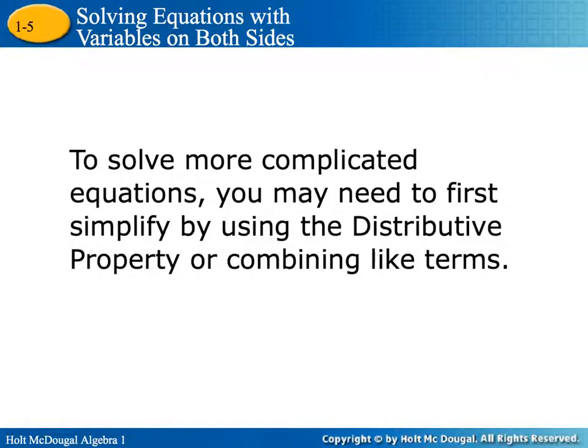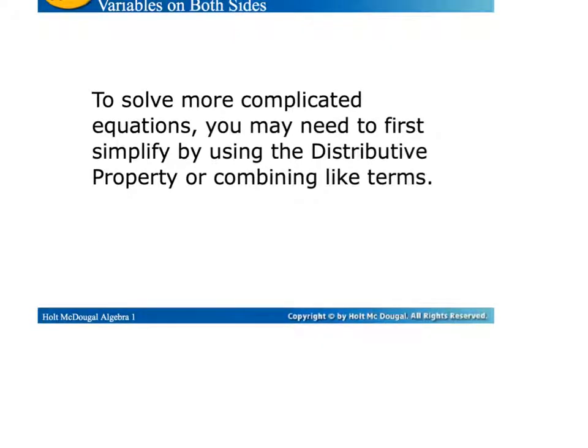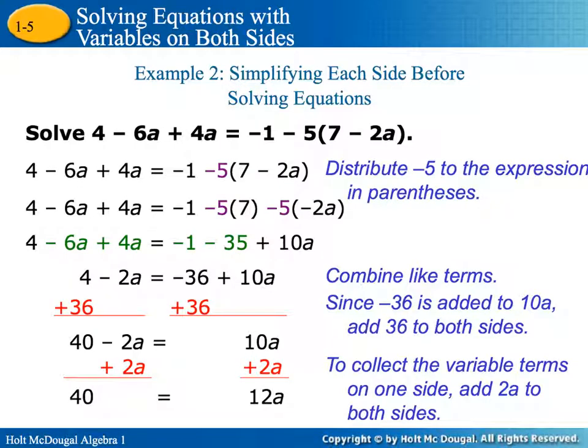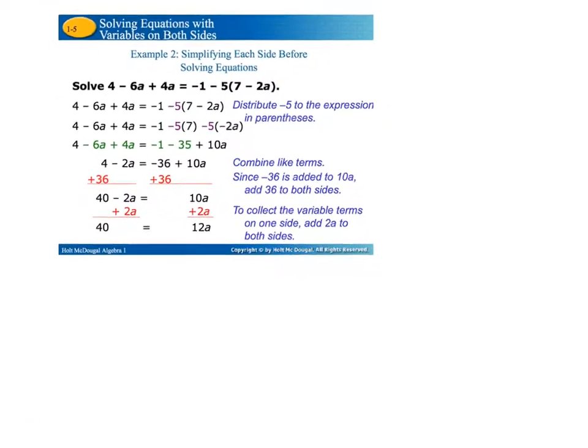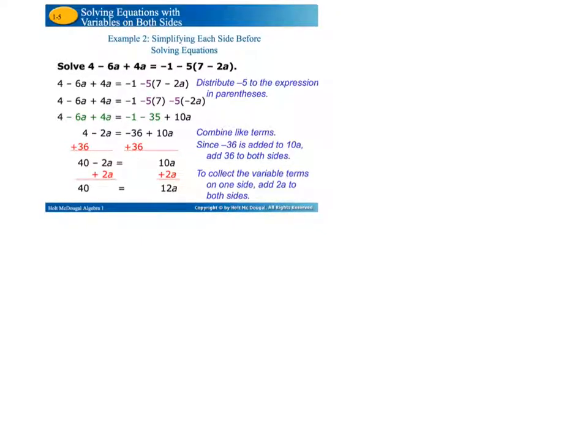All right. Before we try another example, remember, you may have to apply the distributive property before we can begin the inverse operations. And then you may also have to combine some like terms first. Next example. This one looks like it's a big mess here. Let's look at this thing.